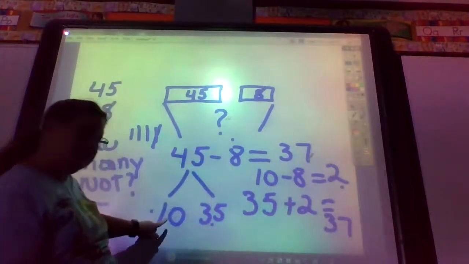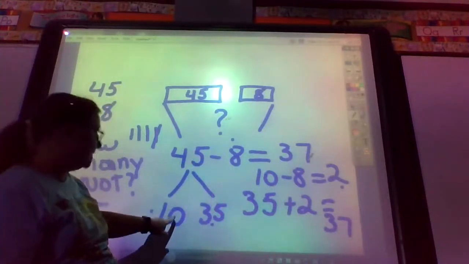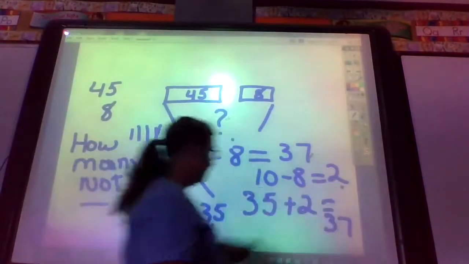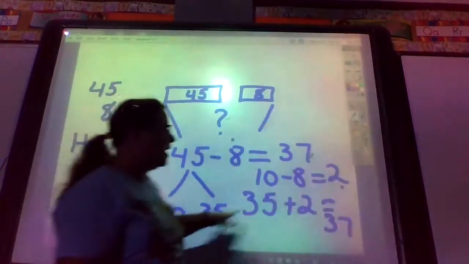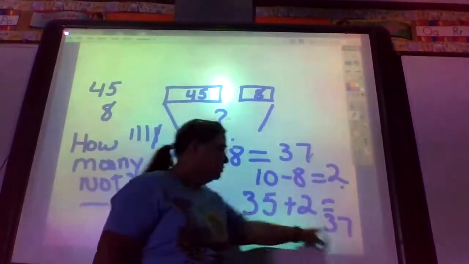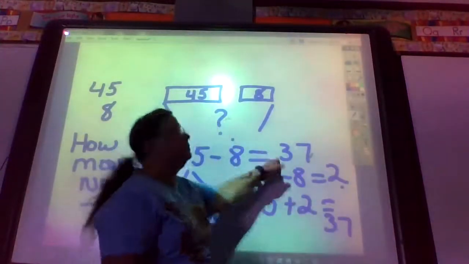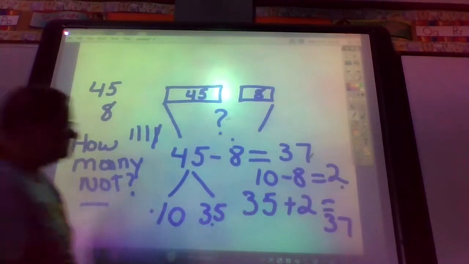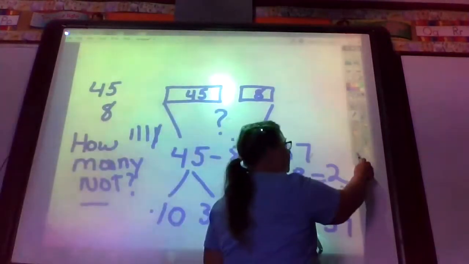I took out 10. I subtracted 10 and 8 to get 2. I used my 35 plus that 2 to get 37, which is the answer. She has 37 sharpened pencils. Okay? Way to go. Good job.